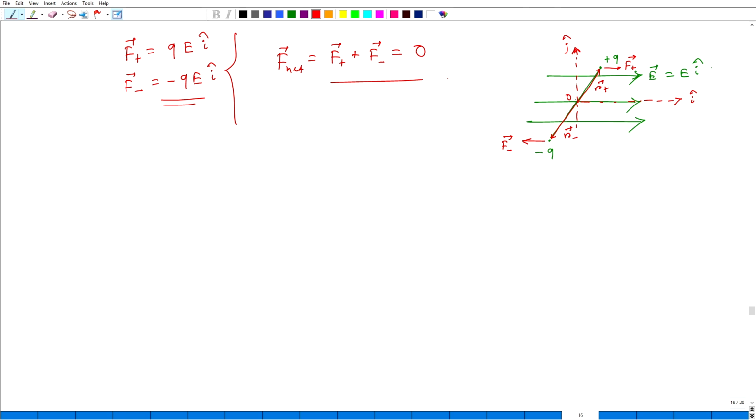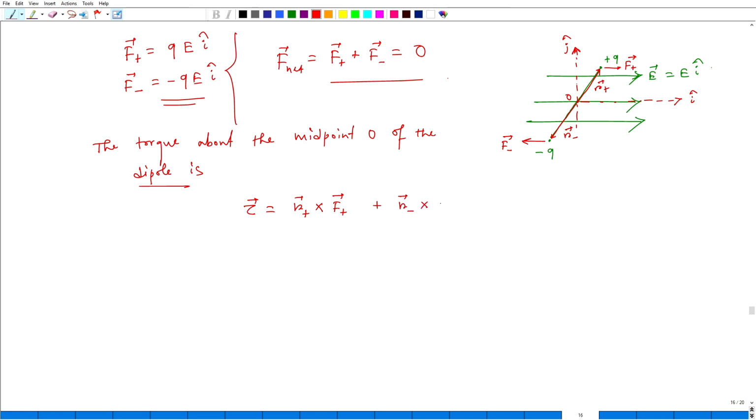The torque about the midpoint O, the midpoint of the dipole, is, so how to define a torque? r cross F. In the case of positive charge plus q, the distance vector is r plus cross F plus vector, this is a vector product, plus in the case of negative charge r minus vector cross F minus vector.